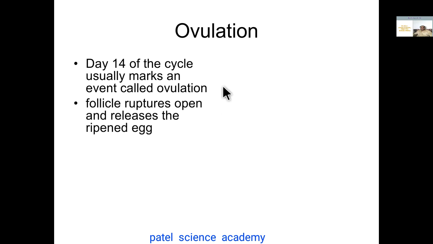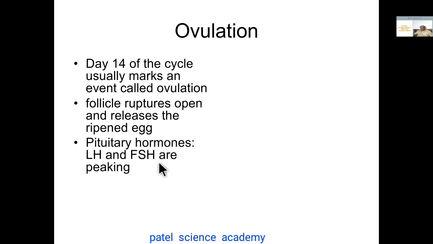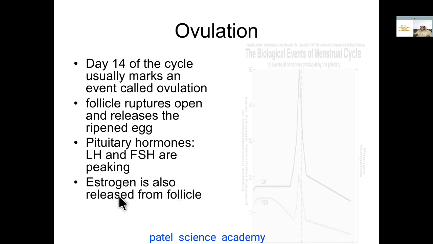The follicle ruptures during ovulation, and it opens and releases the ripened egg, and the pituitary hormones like luteinizing hormone LH and follicle stimulating hormone FSH are at their peak. Estrogen is also released from the follicle.